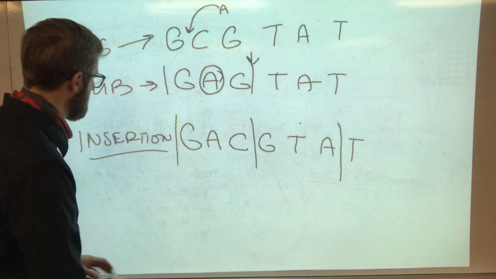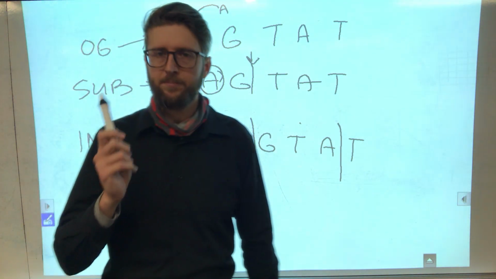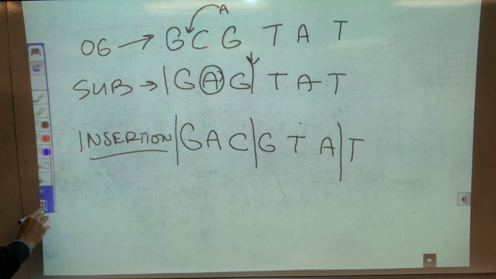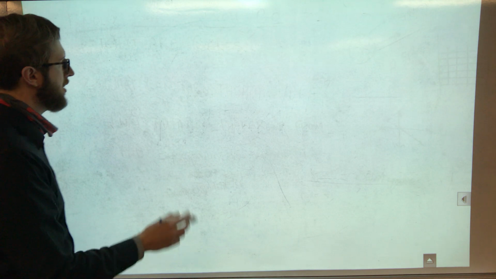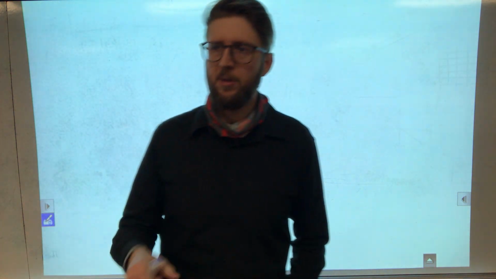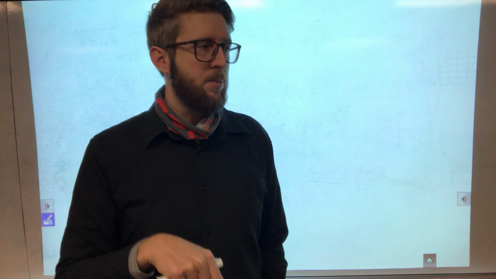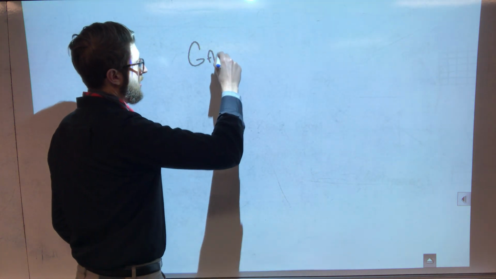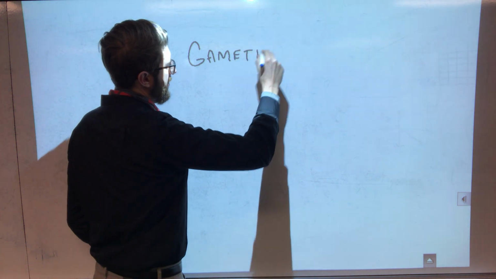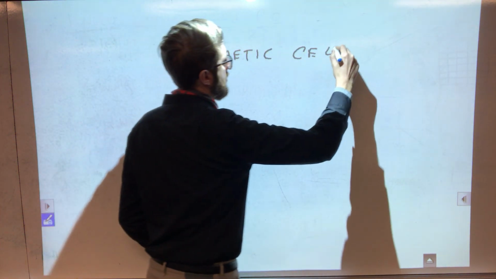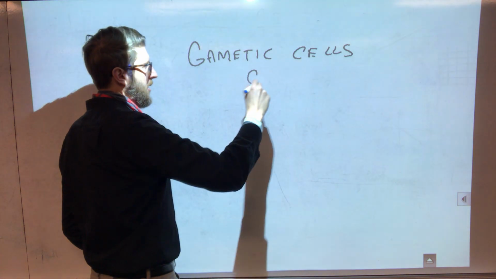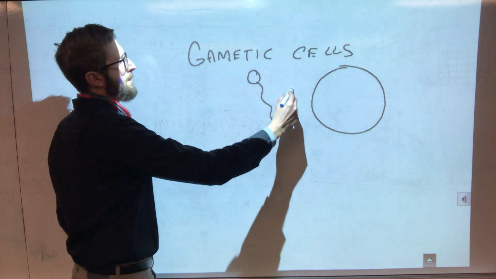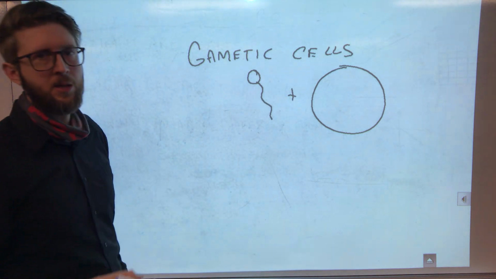And the last thing is that these mutations are typically not passed on to offspring. Okay, let me just keep it simple. For a mutation to be passed to your offspring, it has to happen in what we call gametic cells, which are sperm and egg, okay? These are the gametic cells.